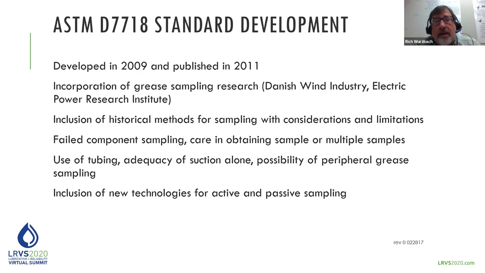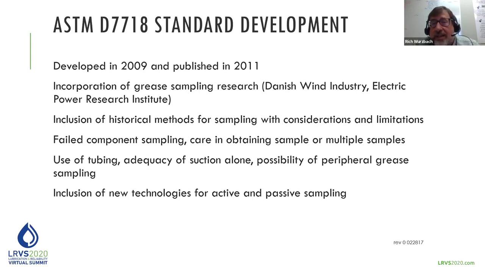It comes out of ASTM D7718, which is a standard that was developed originally in 2009 and, through the work of volunteers at ASTM, was published in 2011. The background for setting what the standards should be for obtaining a representative grease sample started in some industry research that took place.